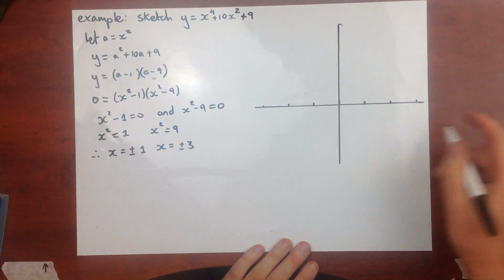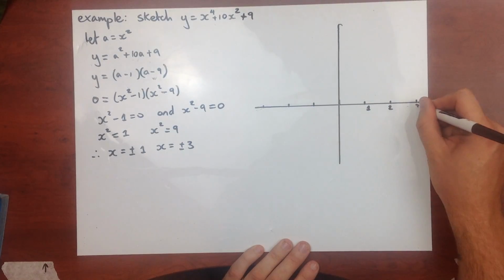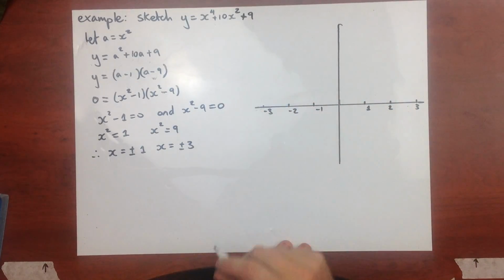So we need to have it this scale, so we can say now that that is going to be 1, 2, 3, minus 1, minus 2, minus 3.